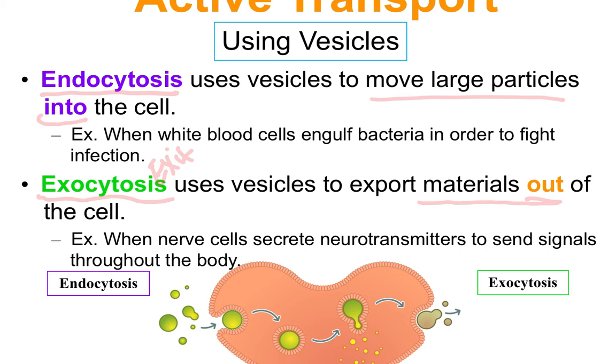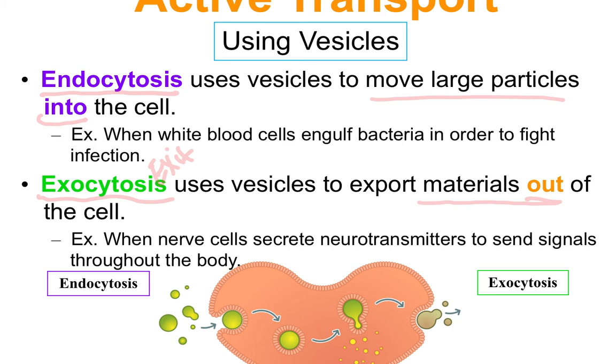A good example of endocytosis is when white blood cells, our immune system cells, engulf bacteria in order to fight infection. They move these large particles, bacteria for example, inside of their bodies using endocytosis to kill them. Exocytosis would be like when a nerve cell secretes neurotransmitters to send a signal throughout the body.